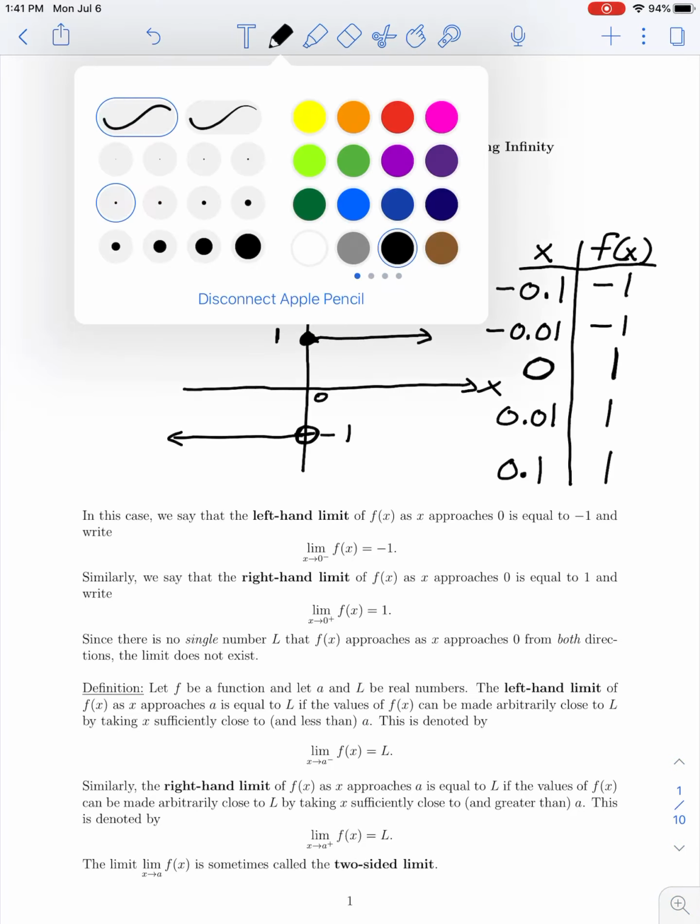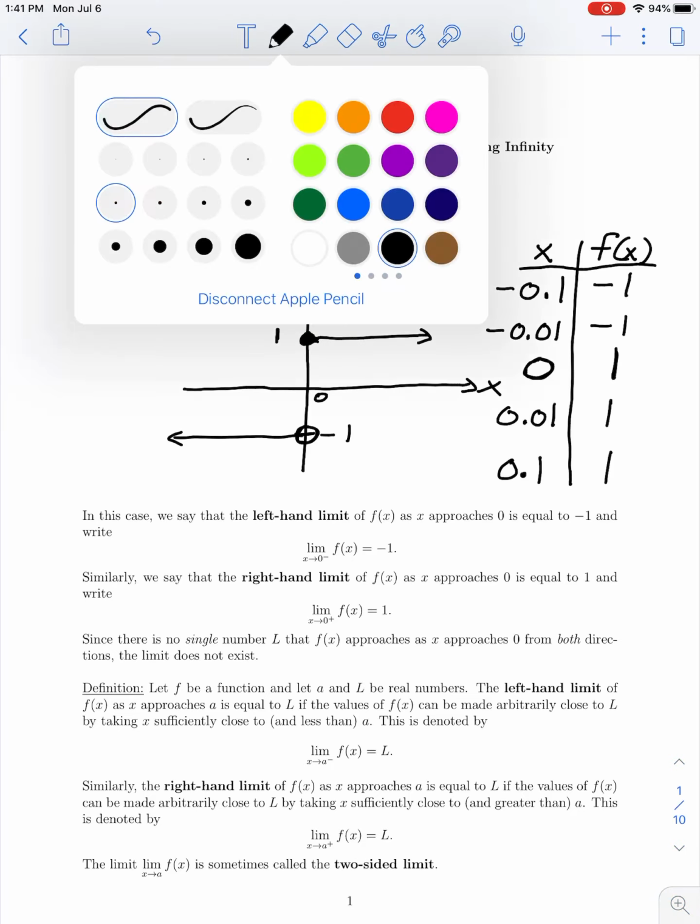And we can see from our table that as we're closing in on 0 from the left-hand side, that is, if we're taking values of x which are less than 0, but moving towards 0, the values of our function are always -1. So our limiting value appears to be -1.